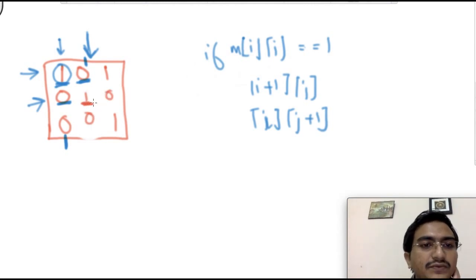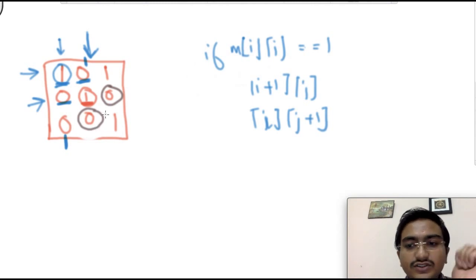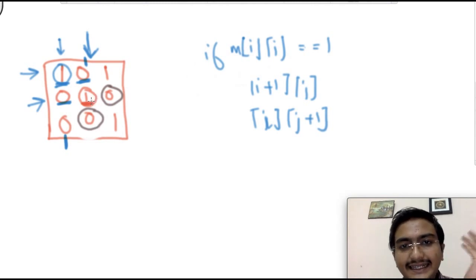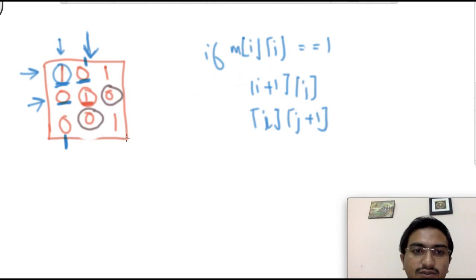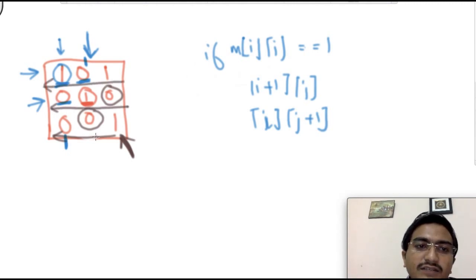Now if you check this one, you cannot fill this one here either. Why so? Because its right sibling is also 0, and the bottom sibling is also 0, so you cannot push a 1 into this place in any configuration. So what you can do is just iterate from this corner and check like this. Once you have seen the bottom row, and if that is correct, then it all depends on the row above.